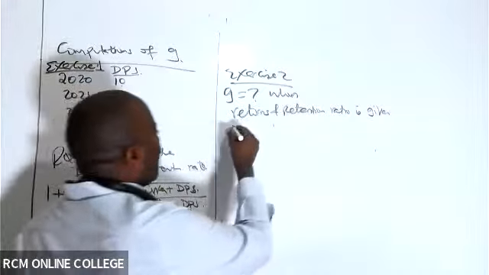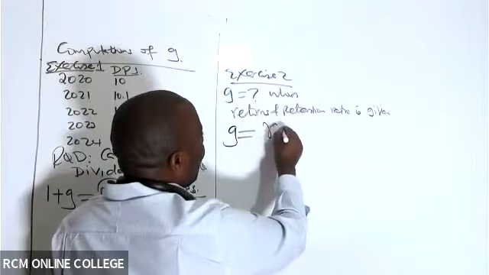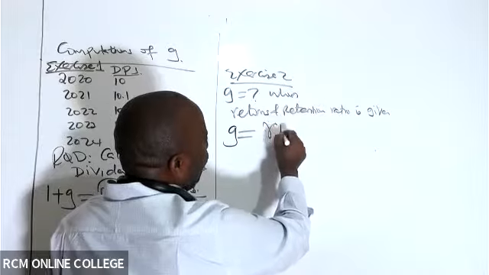So to get this, ladies and gentlemen, we normally say growth rate equals R and B, RB.